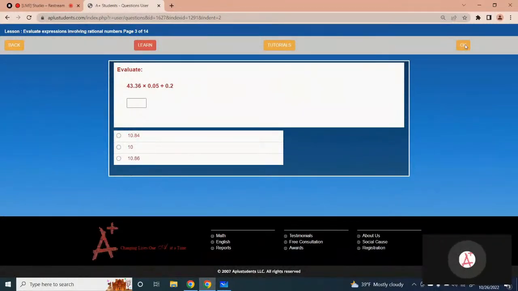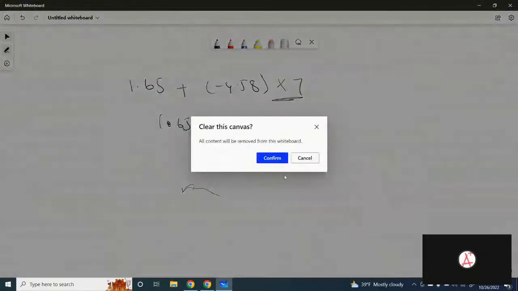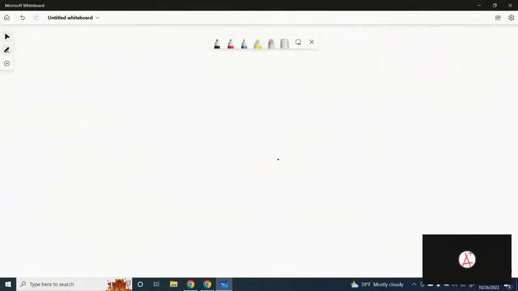Okay, the next one is 43.36 times 0.05 divided by 0.2. Again, multiplication and division are on the same level, so first you have to start from left to right.